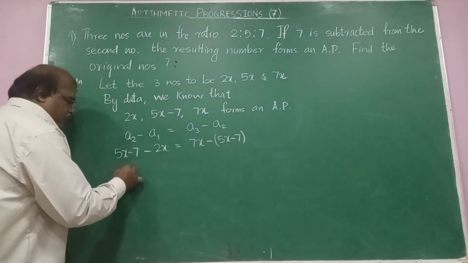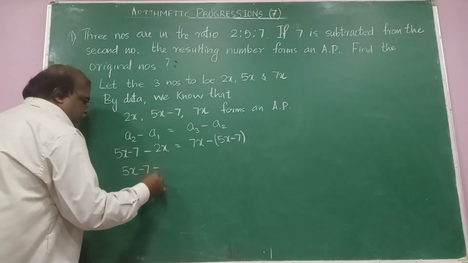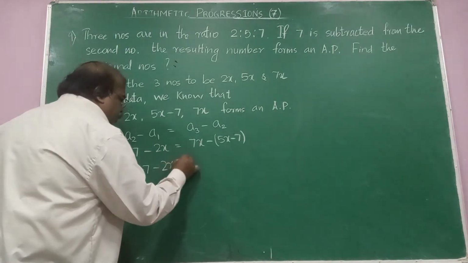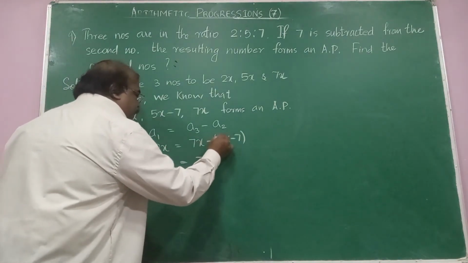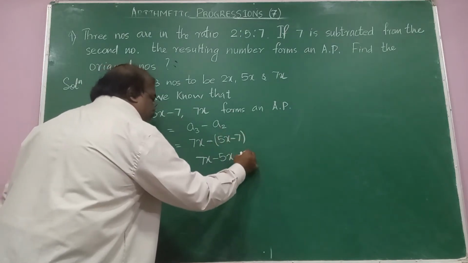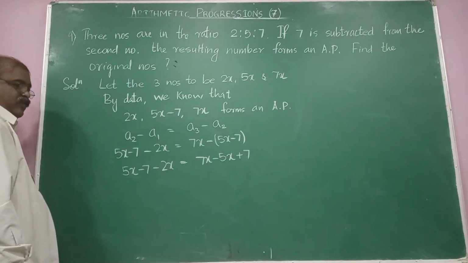So you get 5x minus 7 minus 2x is equal to 7x minus 5x plus 7. Let's keep the x terms on one side.